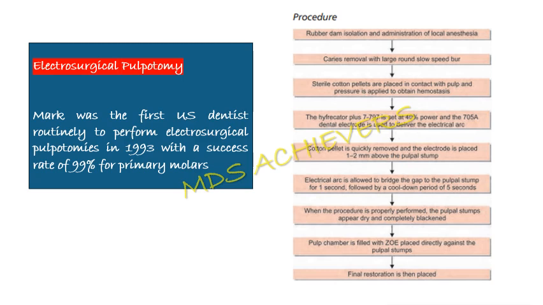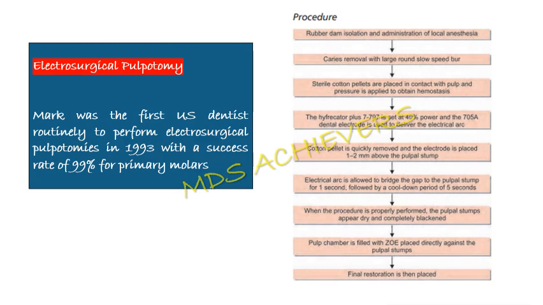The Fracta plus 797 is set at a power of 40, and the 705 AA dental electrode is used to deliver the electric arc. The cotton pellet is quickly removed and the electrode is placed 1 to 2 mm above the pulpal stump.